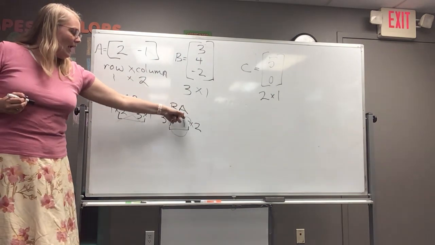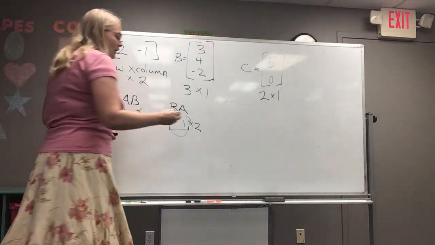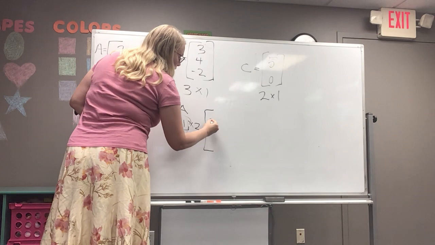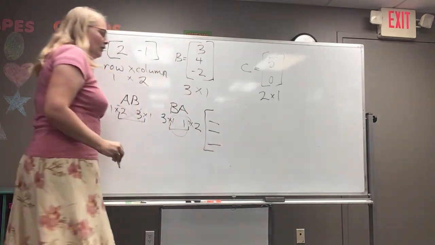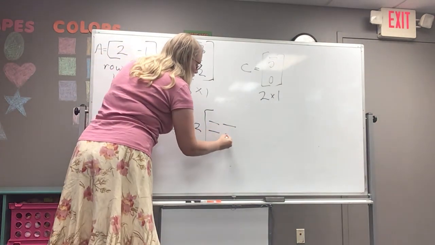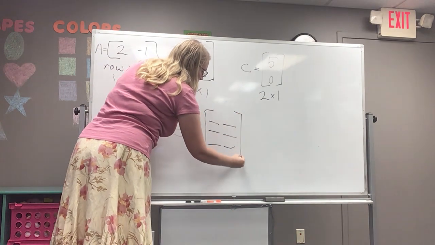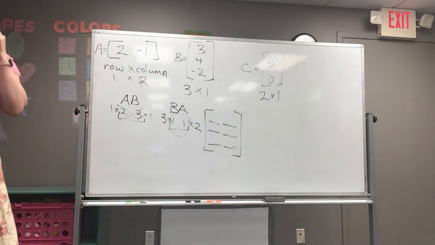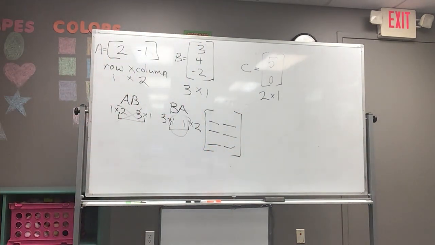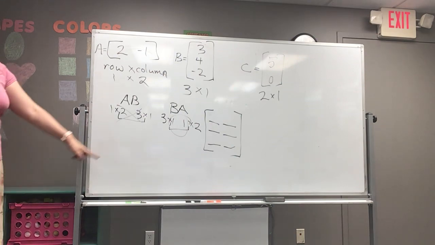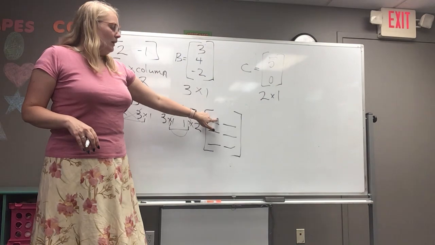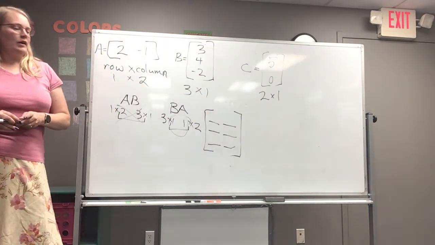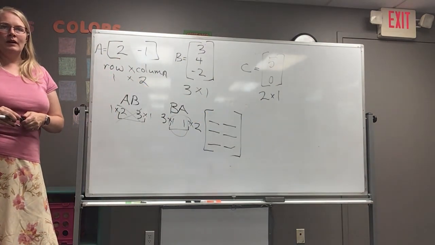Matrix BA is going to be 3 rows by 2 columns. And that would be our answer matrix. Each one of our elements comes from the row and column.